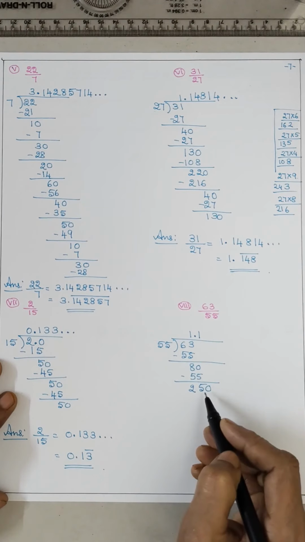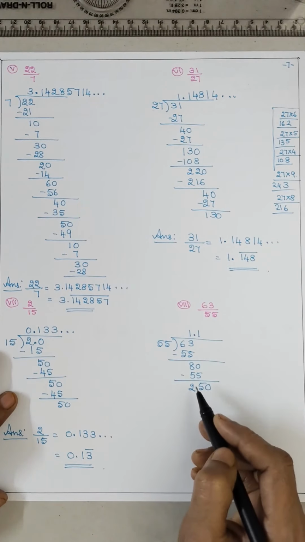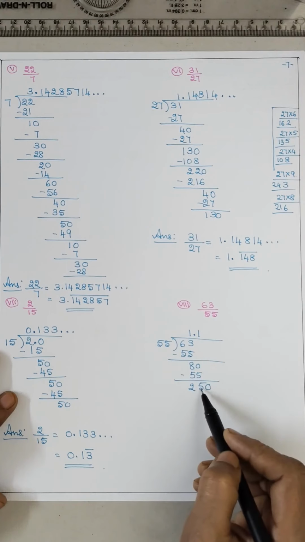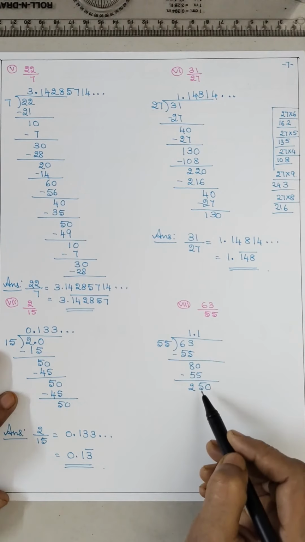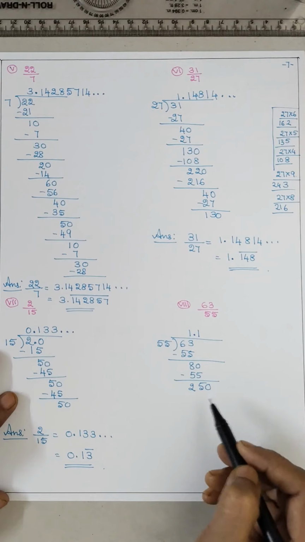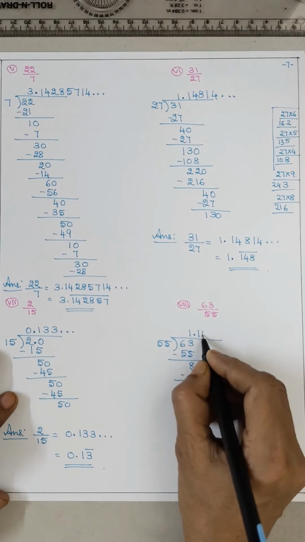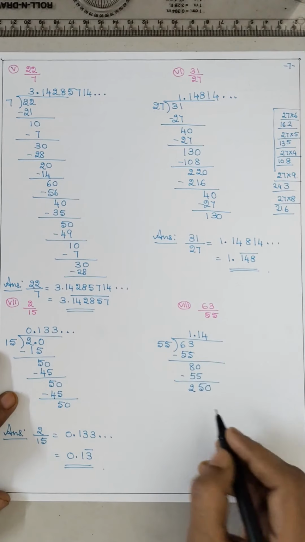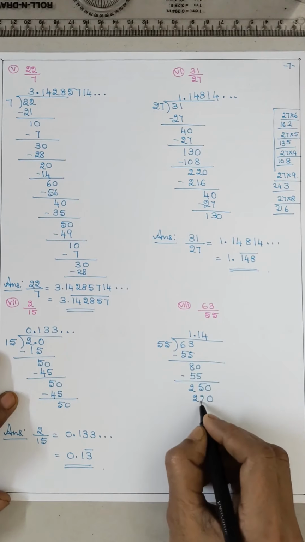2 5s are 25. 2 5s are 20, 5 5s are 25, but 5 you can't put because it is 55. Exactly it will be 50, 5 5s are 250, but so it will be take 4. 4 5s are 20, 4 5s are 20 plus 2, 22.